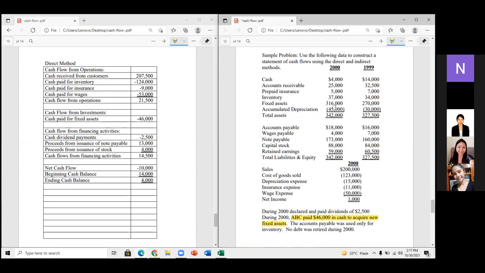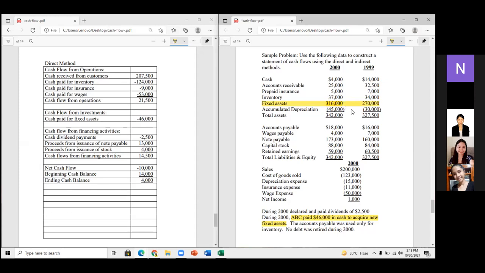And kung mapapansin mo din, dito sa fixed assets na line, so bakit nga siya nilagay sa investment? Kasi nga, di ba, sa investment, ang nakalagay dun is yung mga non-current assets, yung mga long-term assets. So, itong fixed assets, nilagay natin siya dito. Kung mapapansin mo dito sa statement of cash flows, sa beginning niya, meron siyang 270,000 na amount. And sa ending niya, may 316 siyang amount.